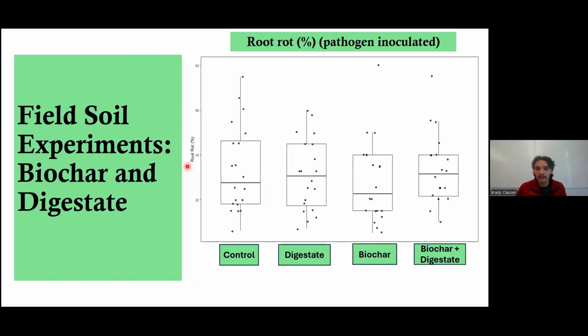In terms of plant disease management, it's good to know that they have no effect. It's even better if they do have a positive effect, but even them having no effect is really good for integrated pest management, just to know we're not exacerbating anything, which we found at those higher rates could be potential. But here in the field soil, we didn't see any of that.